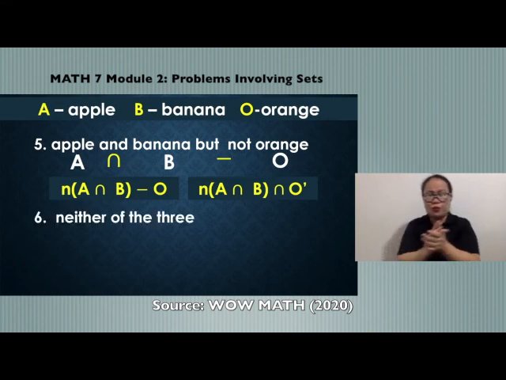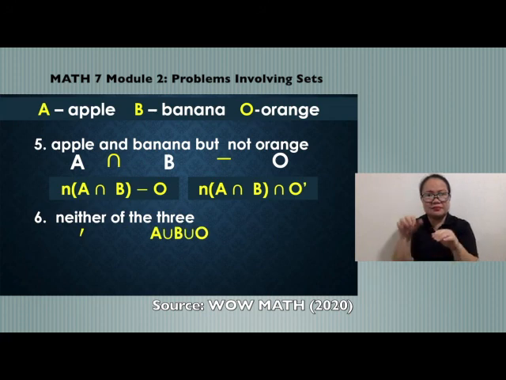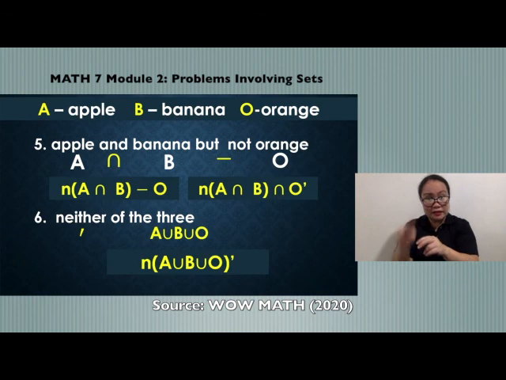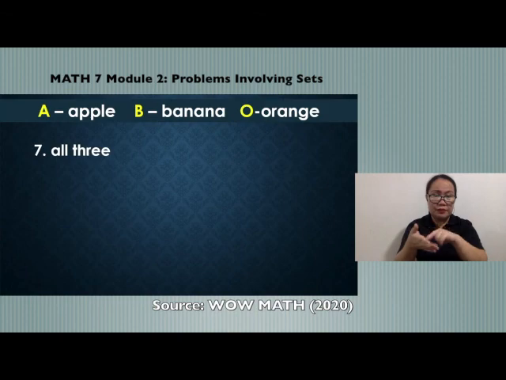Okay? And then neither of the three. Neither means wala sa tatlo. Okay? So this is a complement. Neither. And then 3, ibig sabihin yung tatlo, yung union. So therefore, this is the cardinality of the complement of union of A, B, and O. Okay, another. All three, so all three means intersection.